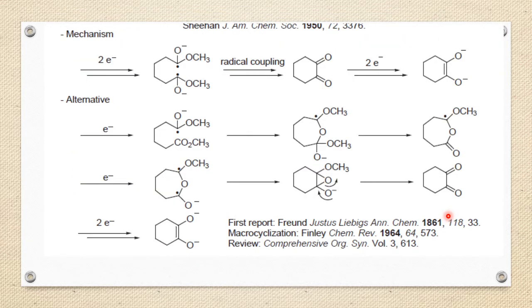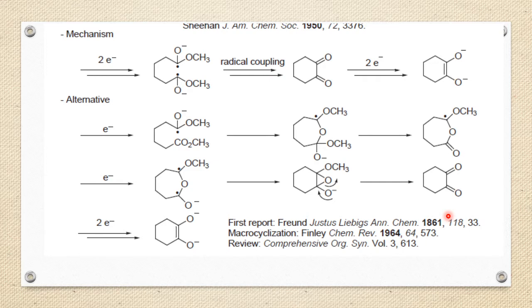The mechanism will be shown as such: electron reduction, creating a radical, two electrons coming into the picture and creating radical coupling, giving rise to a diketone. Again two electrons are involved to form the corresponding sites.